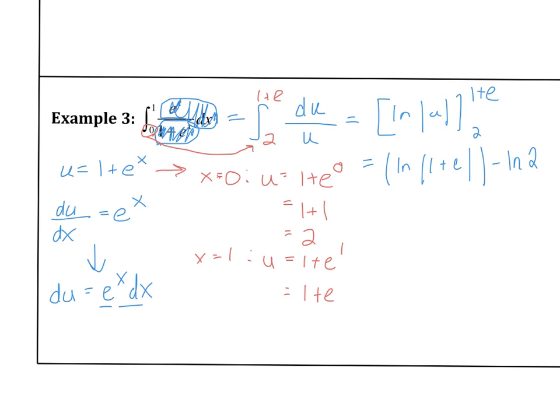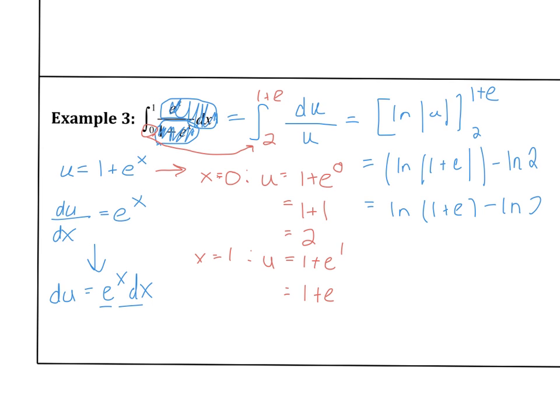And I can just drop the brackets there because the natural log of 2, right, well, 2 is just positive anyway. All right, so now let's do some work on the natural log of 1 plus e. Can we simplify that at all? I don't think we can. In any case, the quantity 1 plus e is going to be positive, right, because e is 2.71828, so on and so forth.